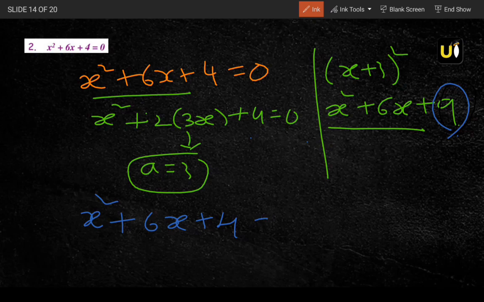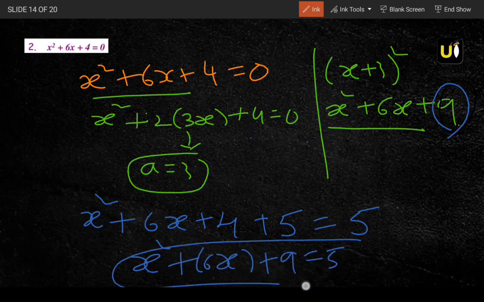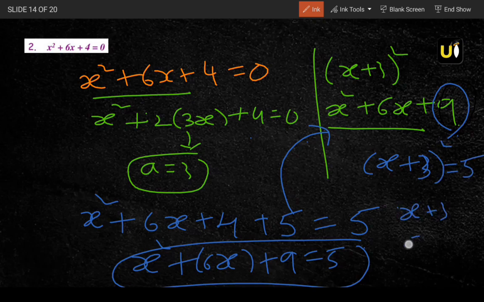If we add 5, we will get x square plus 6x plus 9 is equal to 5. So we already got this equation in this form. That means (x plus 3) whole square is equal to 5. That means x plus 3 will be equal to plus or minus root 5. That means x will be minus 3 plus or minus root 5.